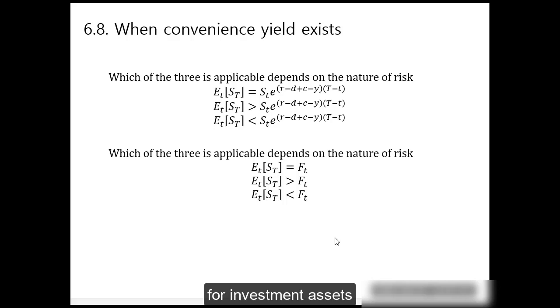And once you replace this part with forward price, then again, we can say that the forward price should be identical to the expected spot price in the future if risk is not involved. And depending on the direction of the risk, then we may have a different situation.